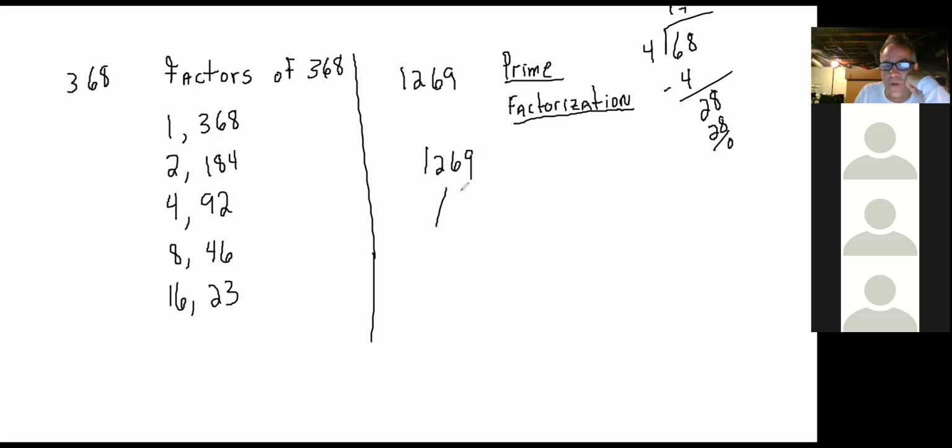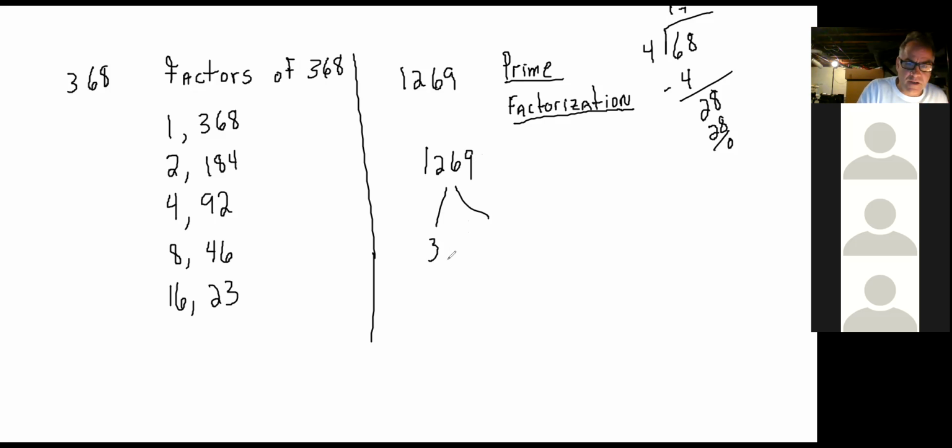So I know 3 will go in here. So I get my calculator out, and I'll say, how many times does it go? And I think it's going to go 47. Let's see here. I believe 47, but it may not be.